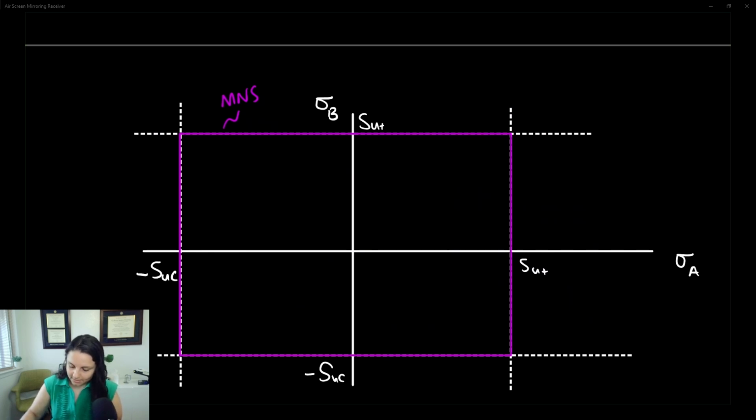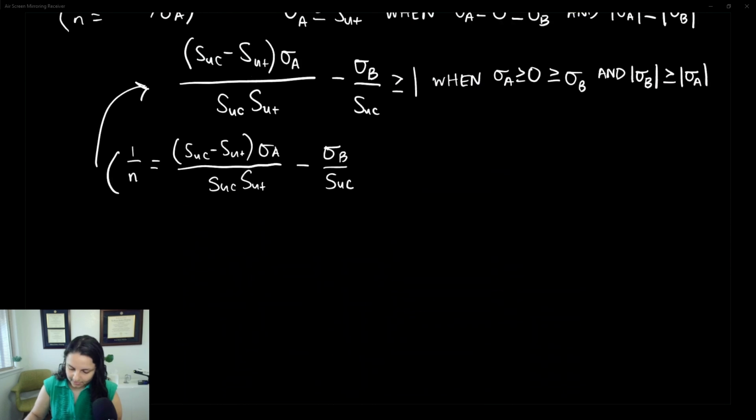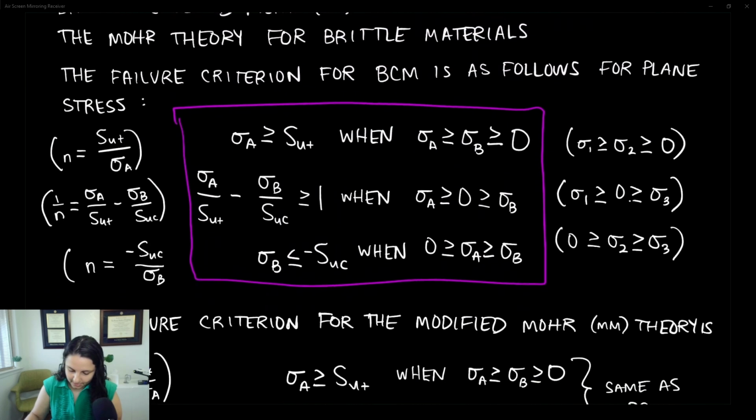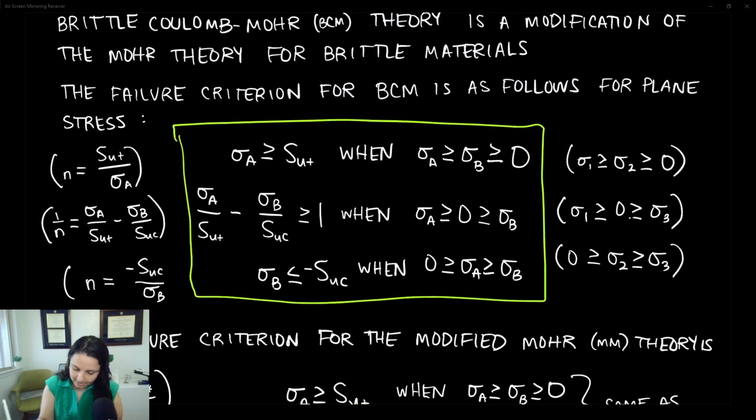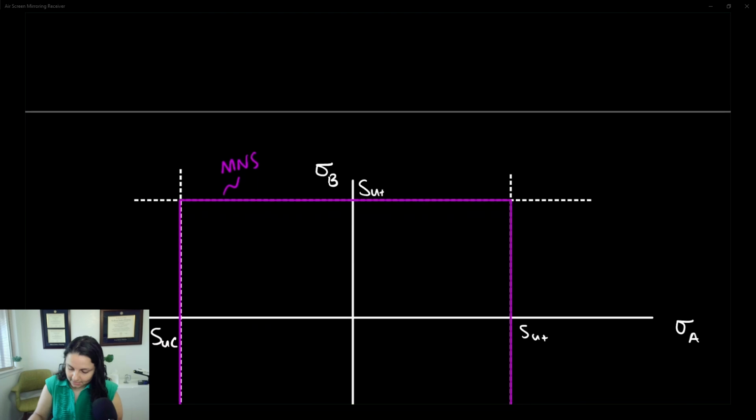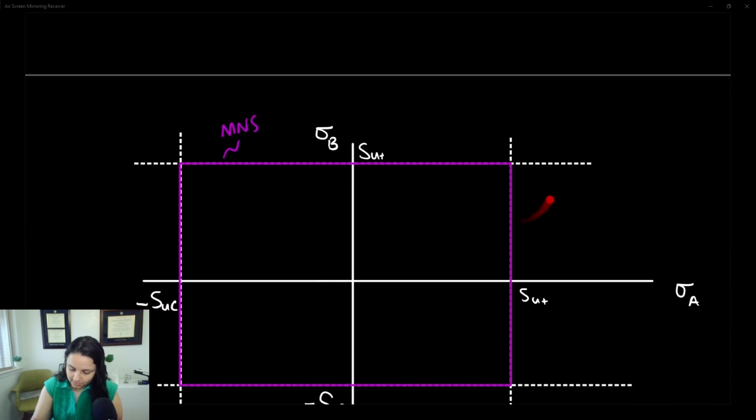So we'll start out with the Brittle Coulomb-Mohr theory. We have less to deal with there. So for the Brittle Coulomb-Mohr theory, and let's color code this one green maybe, we have sigma A greater than or equal to SUT when sigma A and sigma B are positive. So when sigma A and sigma B are positive, we're in this quadrant.